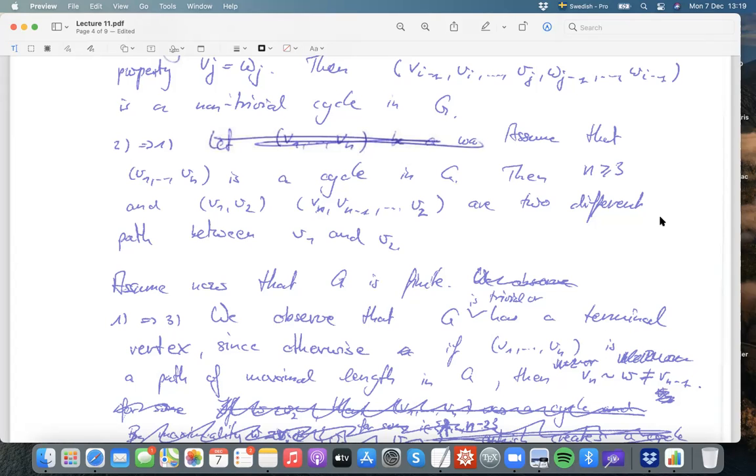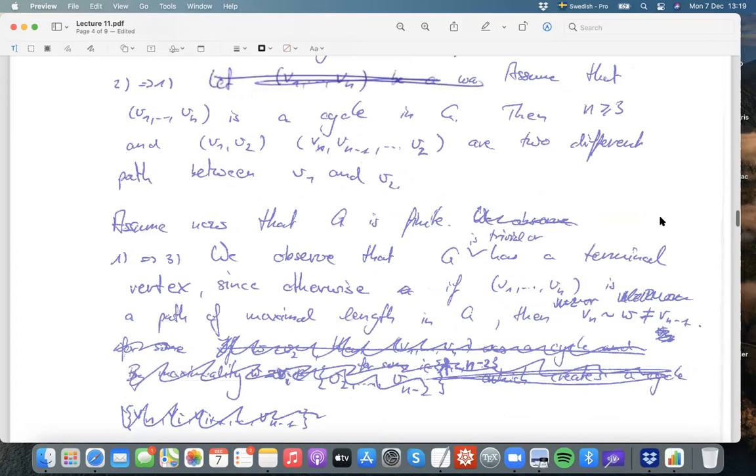We want to say that if we have a tree, then either it's a trivial thing consisting of just one vertex, or it should have a so-called terminal vertex, also called a leaf, a vertex whose degree is 1. Yes, a hanging vertex, I guess.